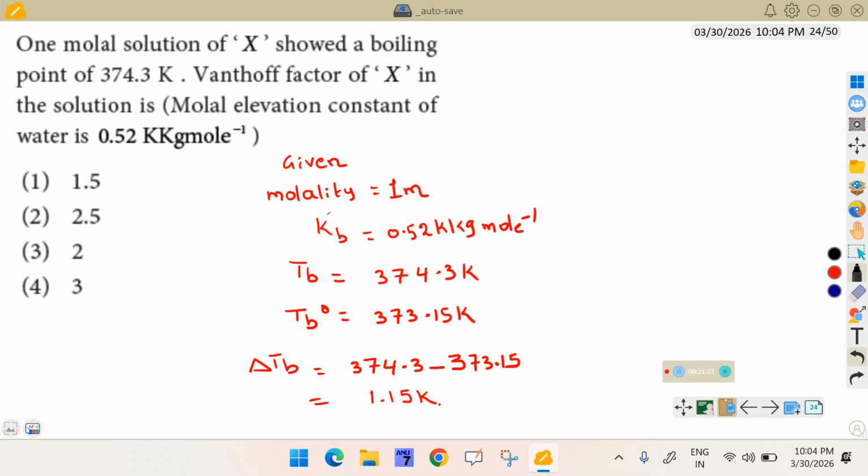1 molal solution of X showed a boiling point of 374.3 kelvin. What is the van't Hoff factor of X in the solution, given the molal elevation constant of water is 0.52 kg mol inverse? Molality is 1 molal. Boiling point of water is 373.15. Based on this, calculate the van't Hoff factor.